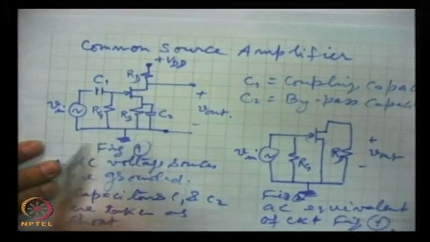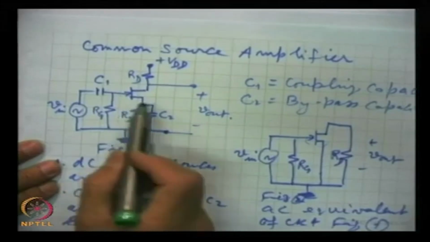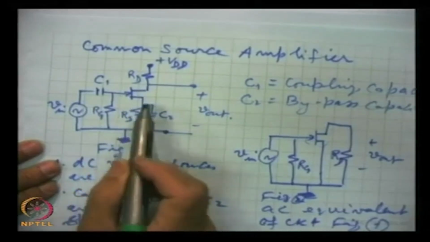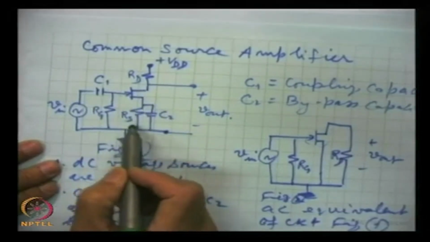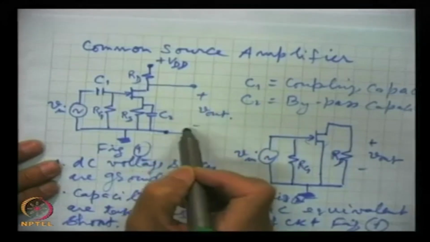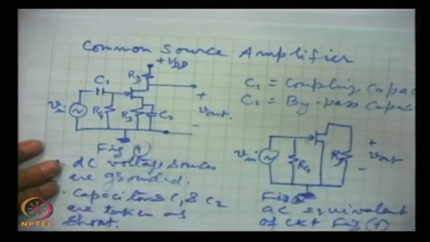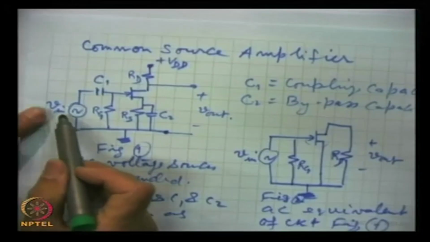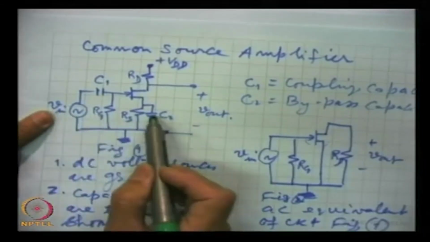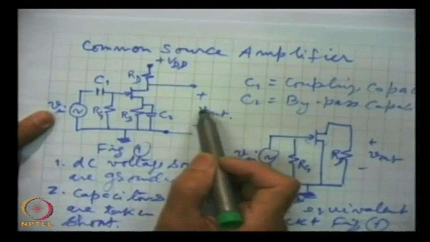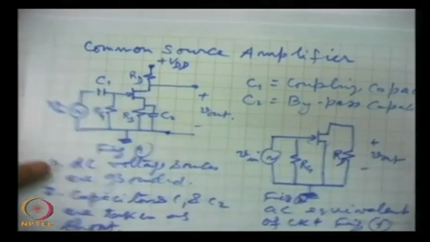In that case, as I said in the beginning, there will be an AC drop across this resistance also. So, the drop will fall, or in other words the gain will fall. For the same input, if this is not bypassed, we get lesser output because the gain will fall.